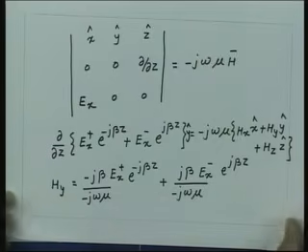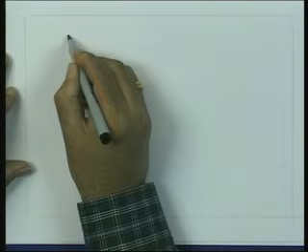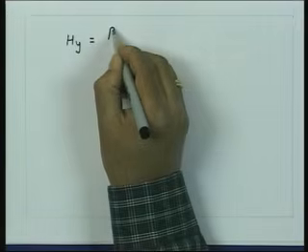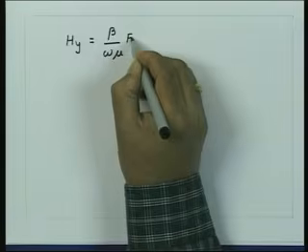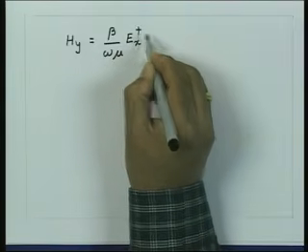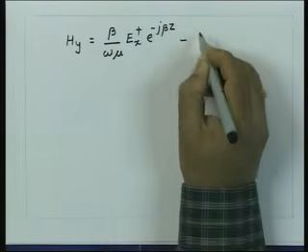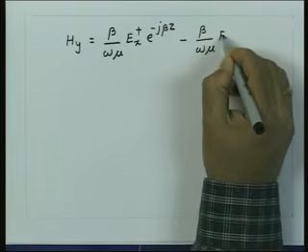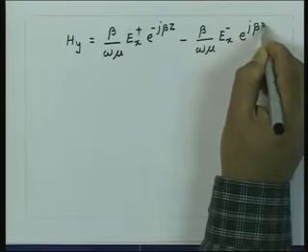So, Hy also has two components corresponding to the two travelling waves. From here, if I cancel out this term minus j, I will get the y component of the magnetic field, that will be beta upon omega mu Ex plus e to the power minus j beta z, minus beta upon omega mu Ex minus e to the power j beta z.